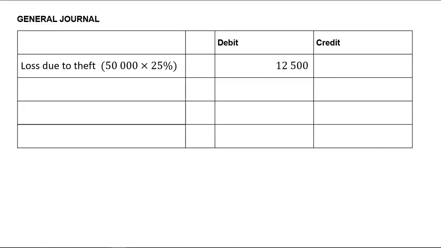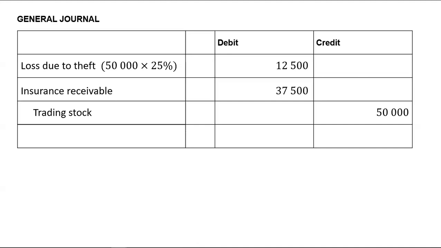The remaining 75% will be a current asset, which is insurance receivable. And our insurance receivable here will be 37,500. Trading stock will be reduced by the entire amount that we have lost, which was 50,000, as we are only going to recoup 75% of it.